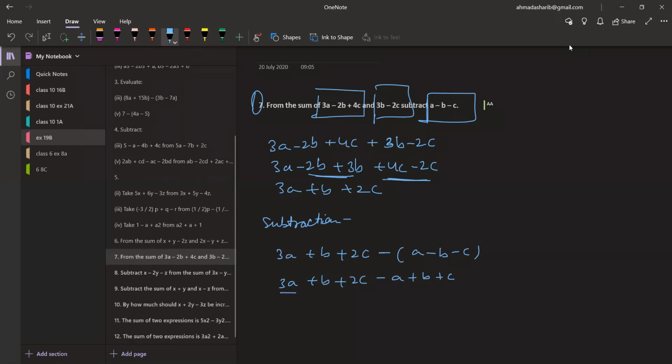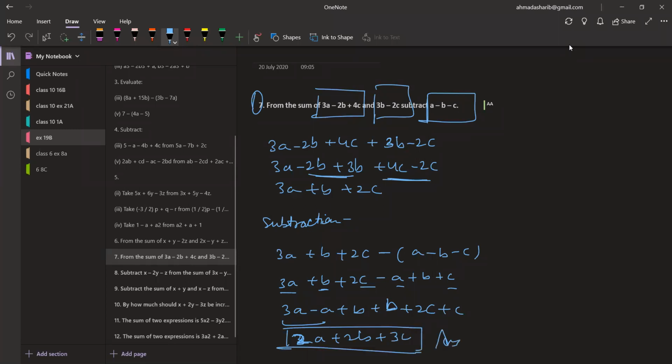Now 3a minus a, plus this b and this b, plus 2c and plus c. So 3a minus a is 2a, 2a plus 2b plus 3c. This is the answer. Clear?